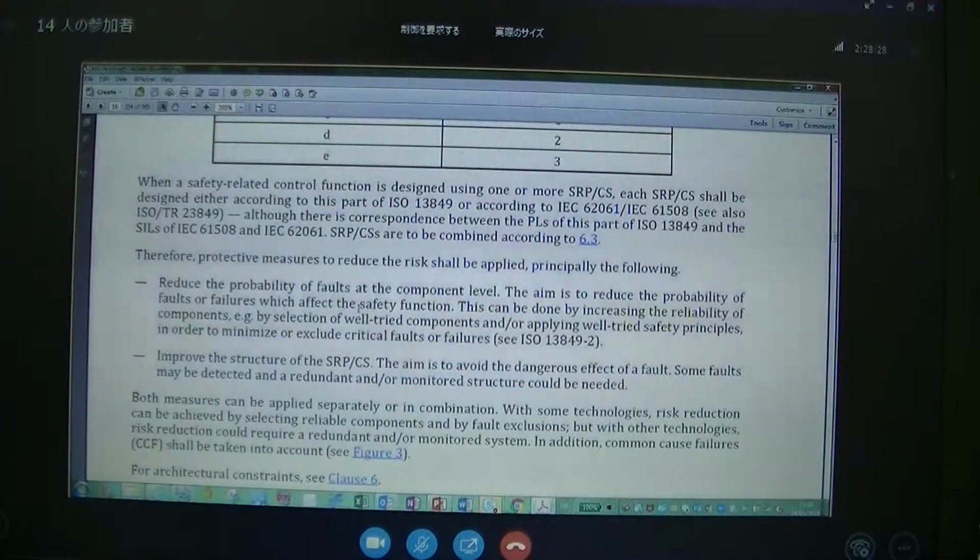This is the value for the B10 variable. So B10 represents the time spent for 10% of the population failing.